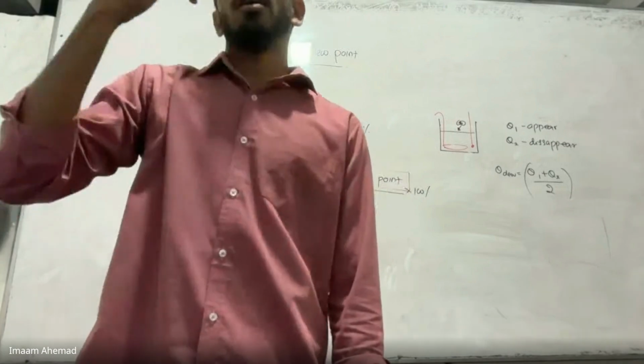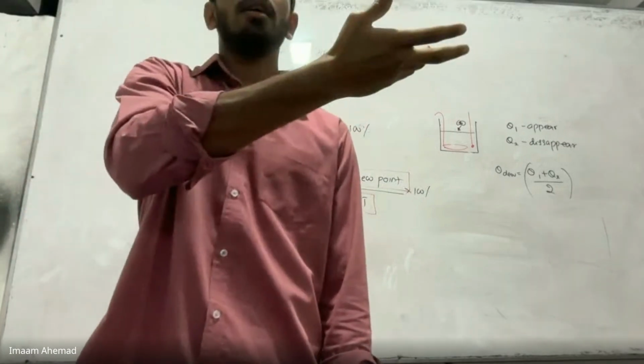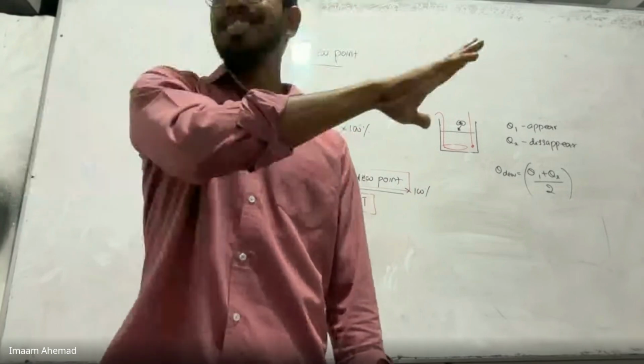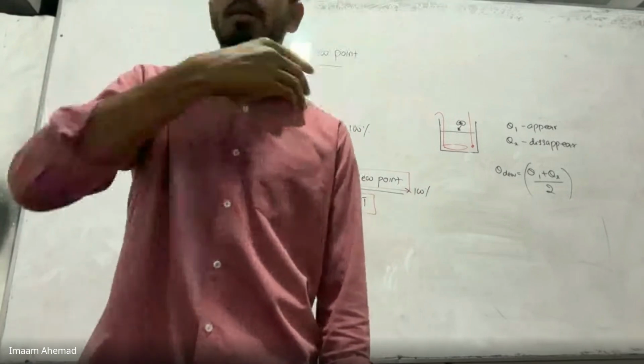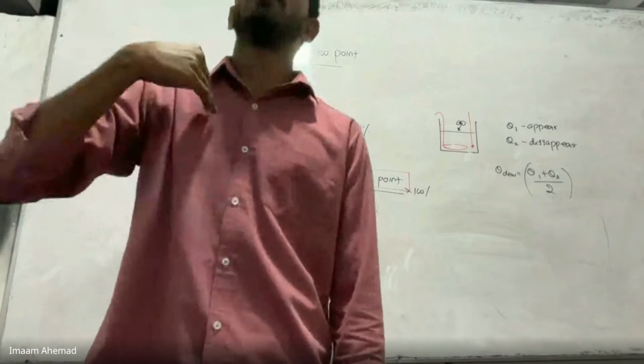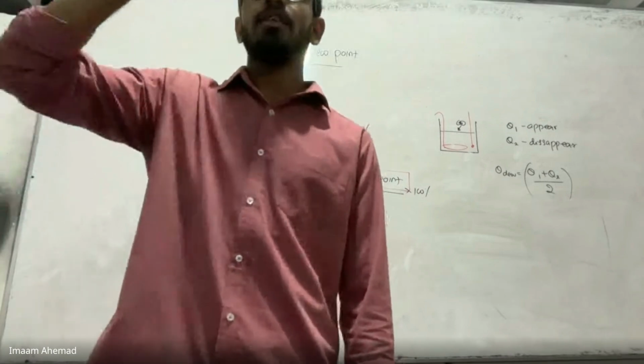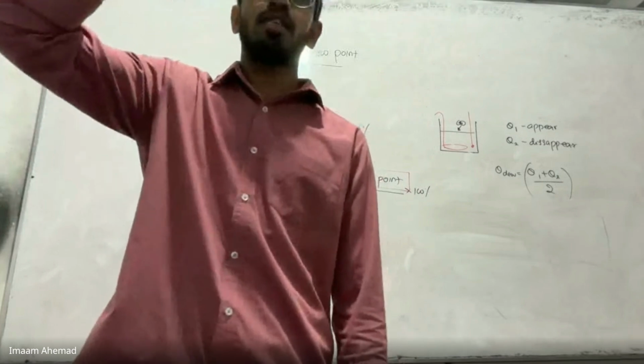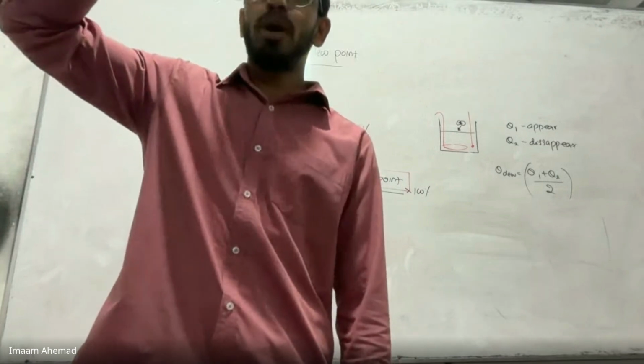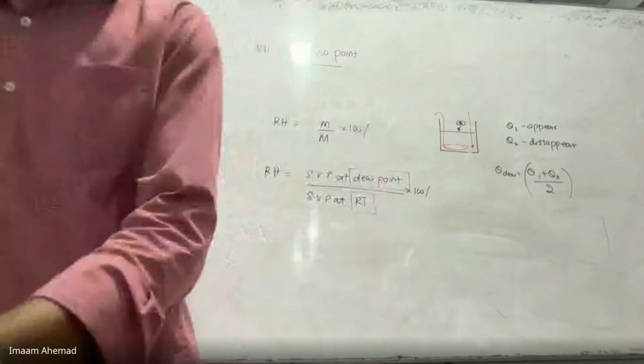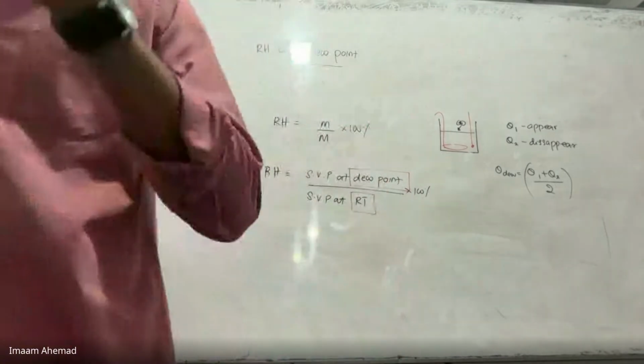So when we blow our breath, that temperature is low, while inside the body it's high. Then we have more water vapor concentration, so the dew point is going to be high, right? And when do we get the dew point?